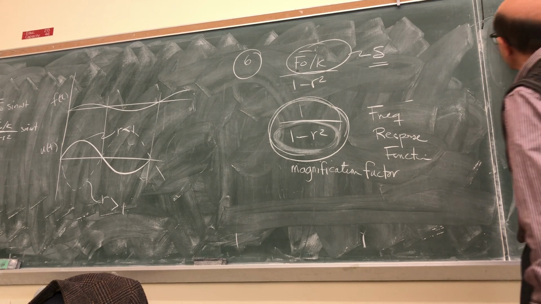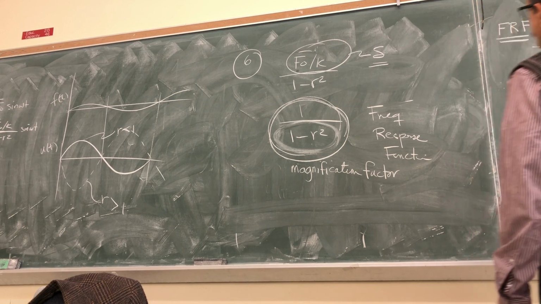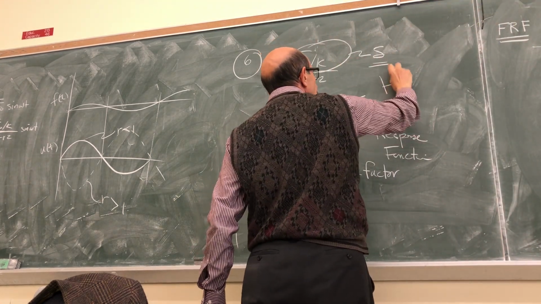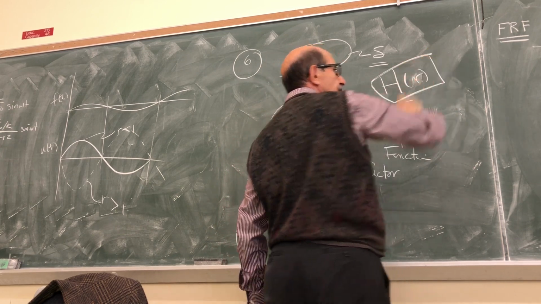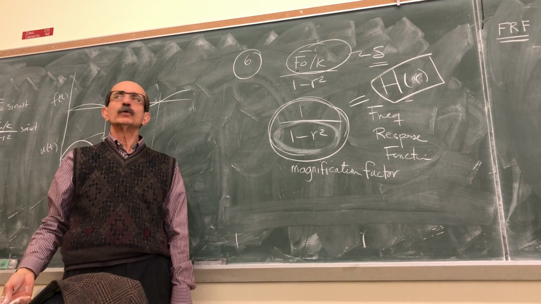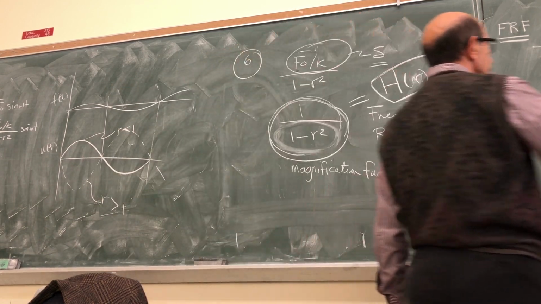So let's look at this frequency response function, because it's very, very interesting. If you plot that frequency response function, this is what you will see. First of all, we show this as H, a function of the frequency ratio. If you plot this, it looks like this.